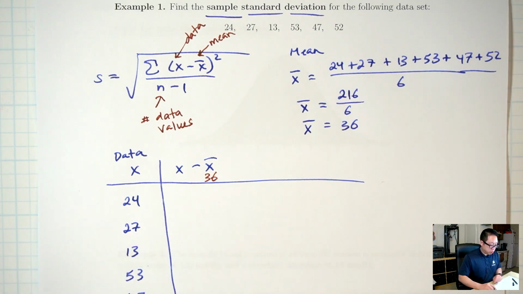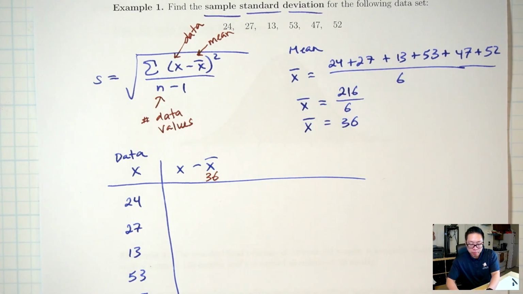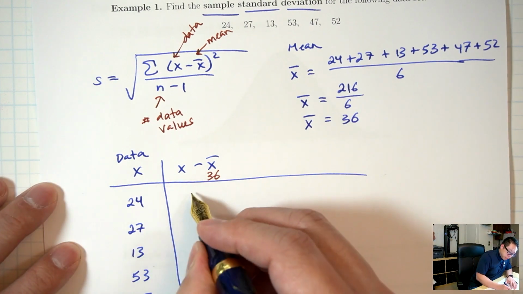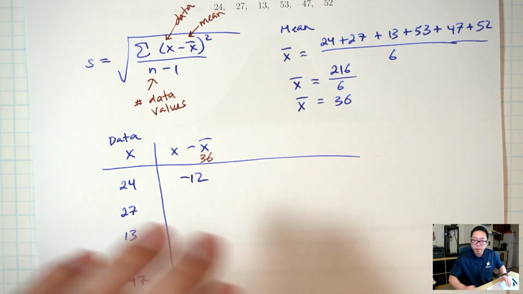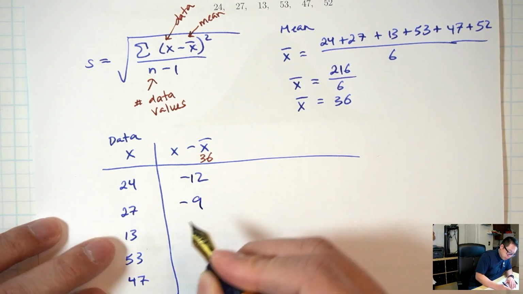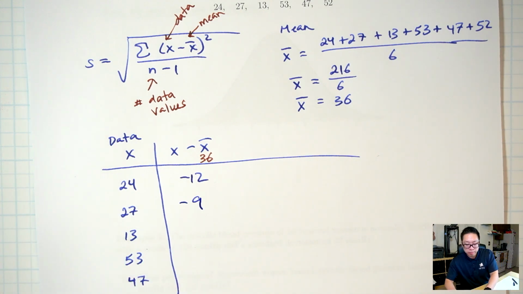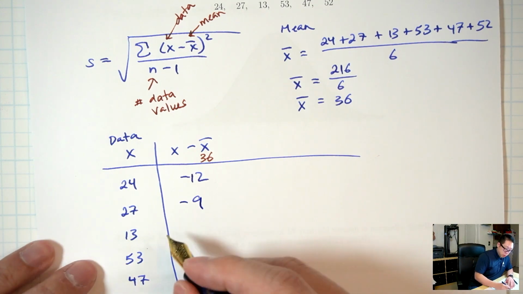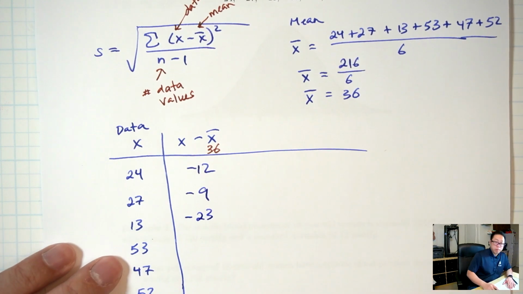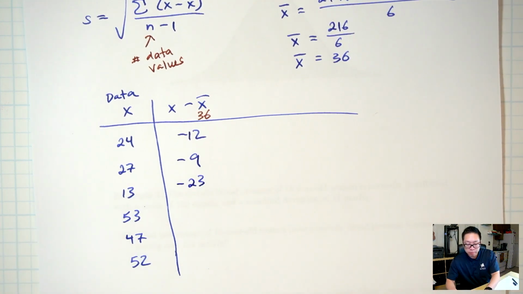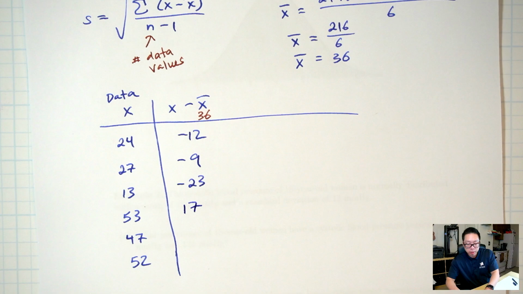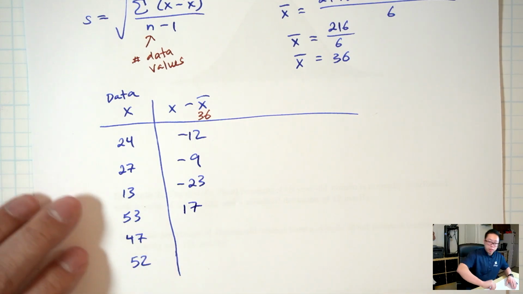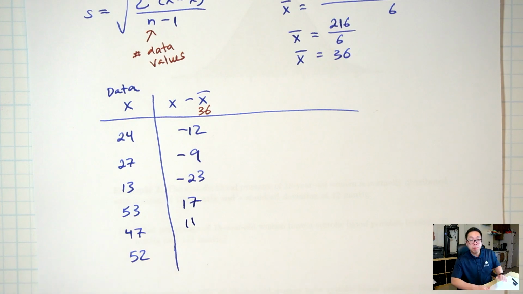Okay, so 24 minus 36, negative 12. 27 minus 36, negative 9. 13 minus 36, negative 23. 53 minus 36, 17. 47 minus 36, 11. 52 minus 36, 16.